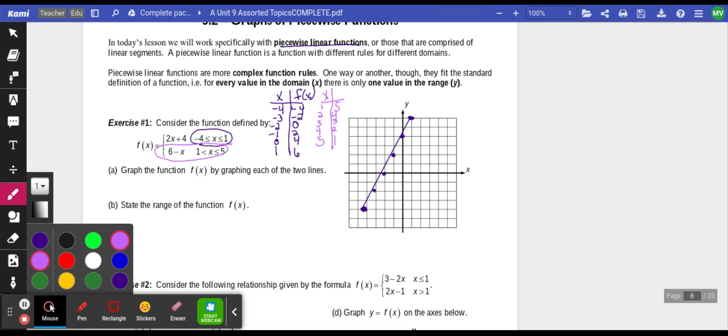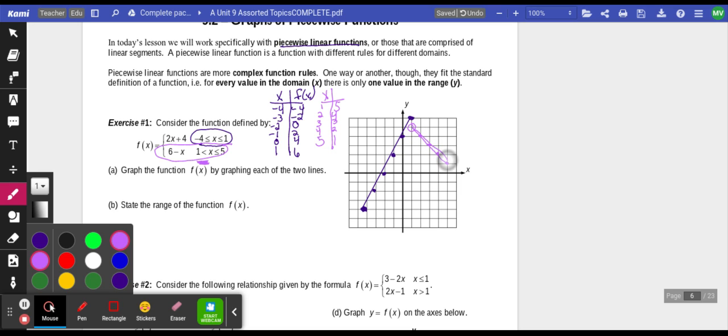So I plot those. Now when I'm plotting it, I'm noticing at 1, it's not equal to. So when x is 1, it's not equal to, which means on the point 1, 5, I put an empty circle. And then I plot the rest and connect those.